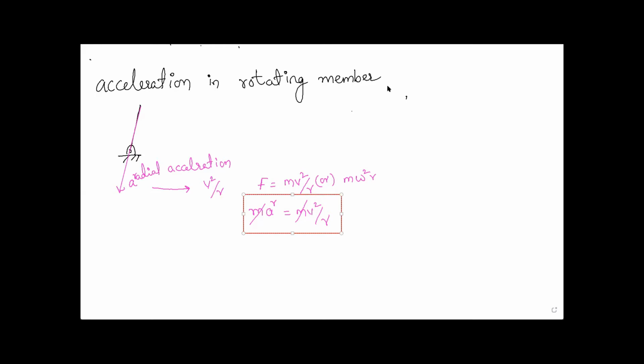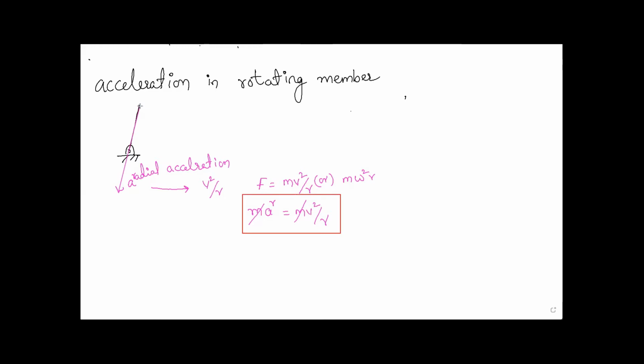Then you have one more component of acceleration whenever a link is rotating, which is tangential acceleration, which is perpendicular to the link. This is tangential acceleration AT. Now how do you get this tangential acceleration? What is acceleration? Rate of change of velocity is acceleration. Do we have a velocity in this direction?